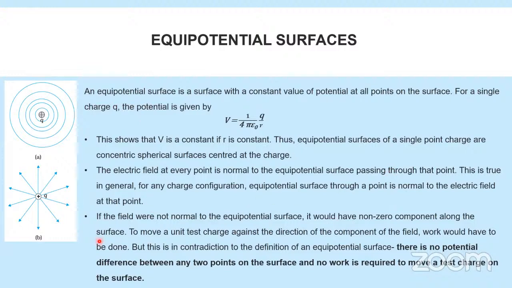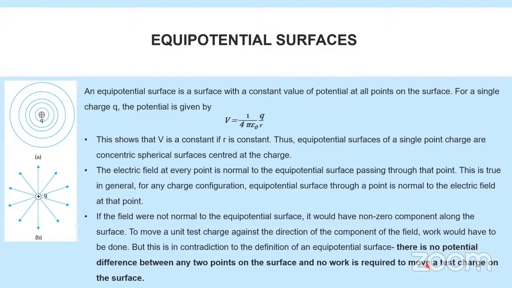Why? If we consider that the field is not normal, then there will be a non-zero component along the surface. Then to move a test charge against the direction of this field component, work needs to be done. But that is against what the equipotential surface defines.